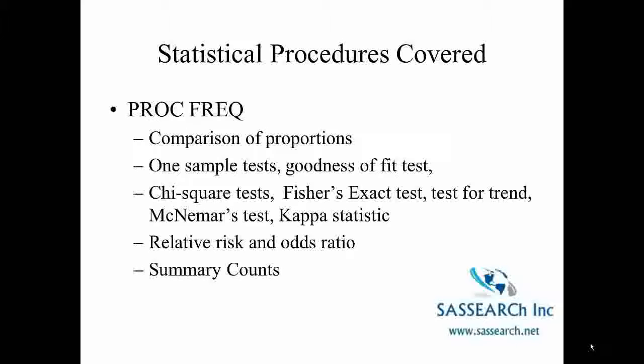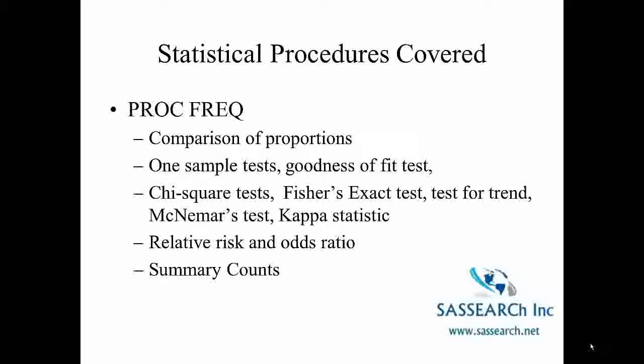So the first statistical procedure we will be covering is Proc Freq. And I know we've used Proc Freq to look at frequency distributions, but there are a number of statistics that are available to us through Proc Freq. We can do a comparison of proportions. Proc Freq allows us to do one sample tests and goodness of fit tests.